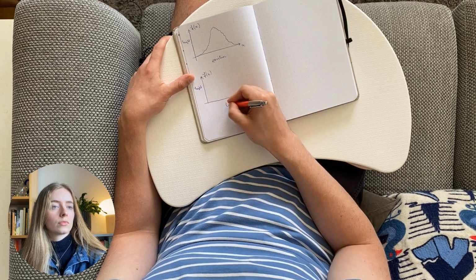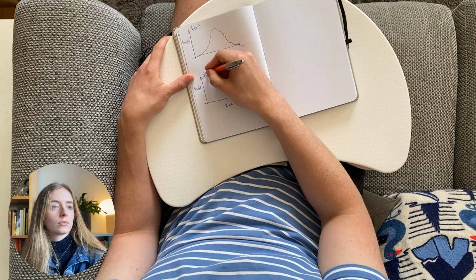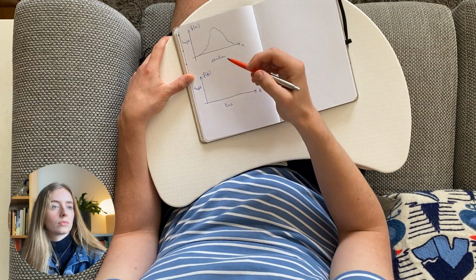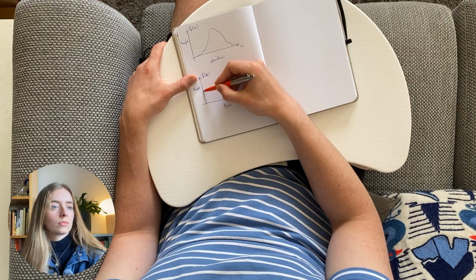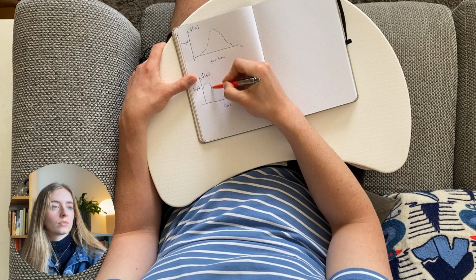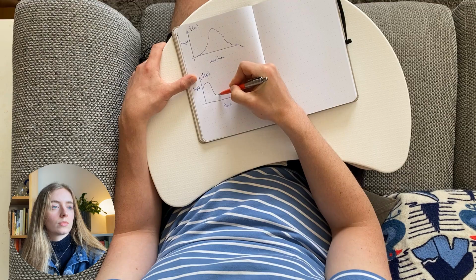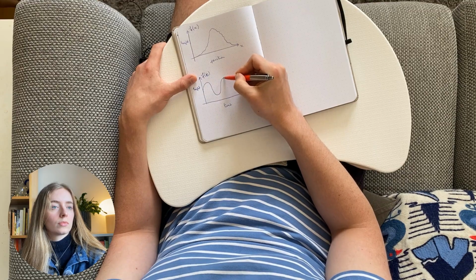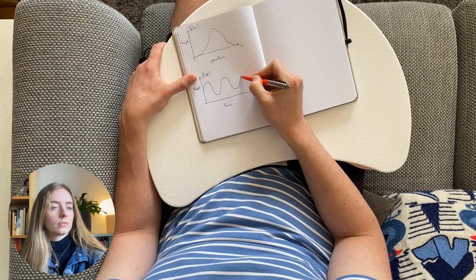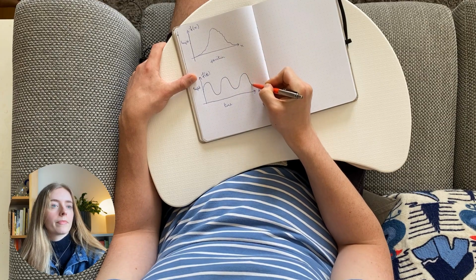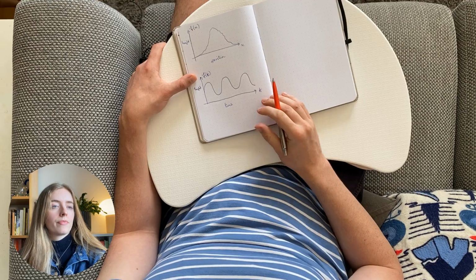So let's do time. And this function, it's going to look like this, okay? So mountain, but then a trough, and another mountain peak, and another trough. And it's what's known as periodic, okay?